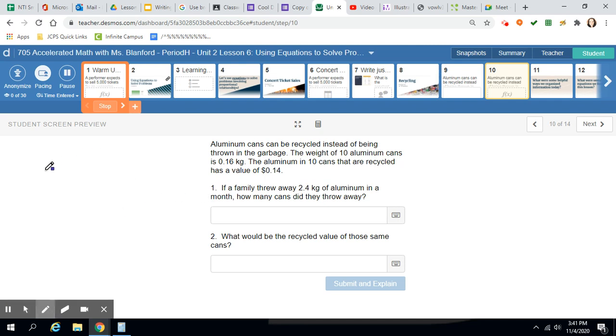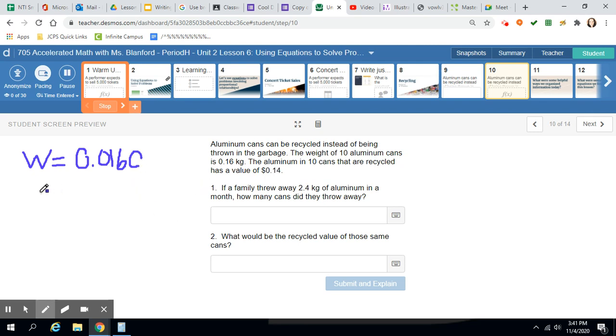So what we're going to do is write the equation that we just did, right? Our equation: we knew that the weight of the cans was equal to 0.016 times the number of cans, right?